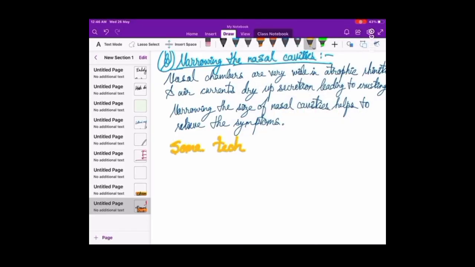As air currents reach the nasal mucosa, they dry up the secretion and it leads to crusting.